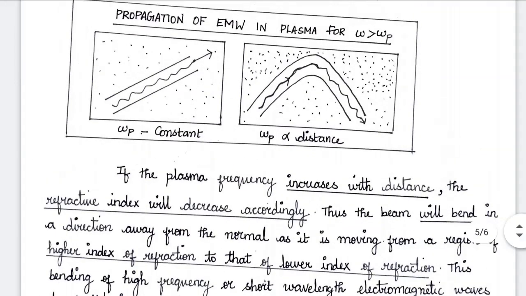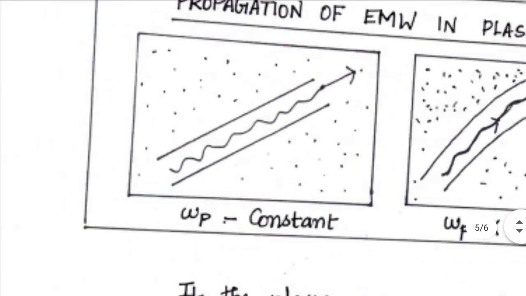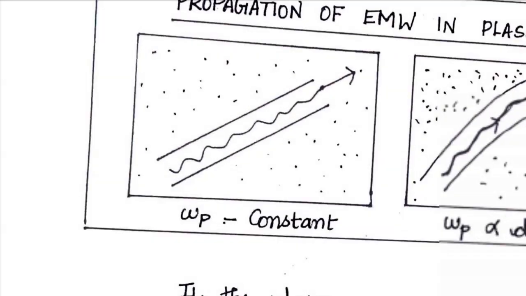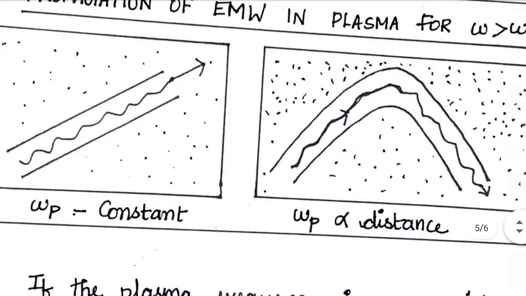You could see in the first case, the plasma frequency is constant, the electromagnetic wave will travel in a straight way. In the next case, you could see in the diagram the dots are very few in the lower region and more concentrated in the higher region.